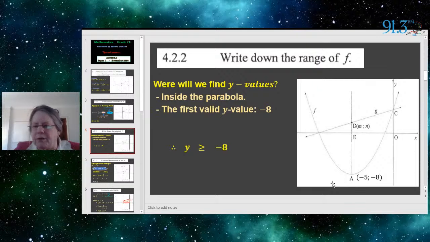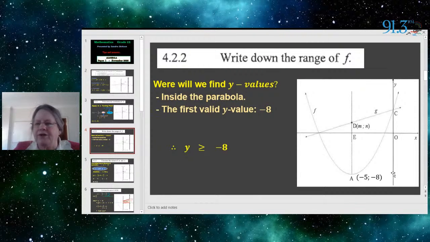So if we look here at the bottom, we can clearly see there are no y values corresponding to this function, because this is your y-axis over here. So if we move up and we get to -8, that is your first y value that corresponds with this function. And as I said previously, we will find it inside here. So if we move up your y-axis, you will get y values all the time.